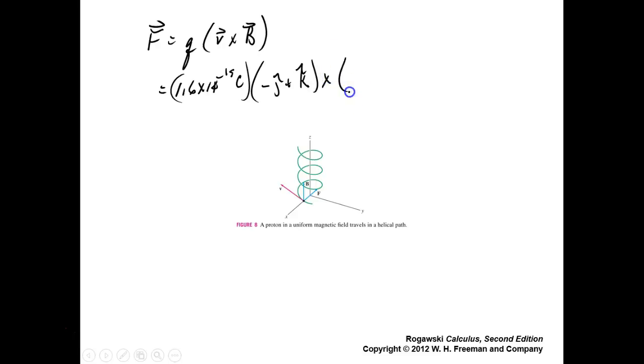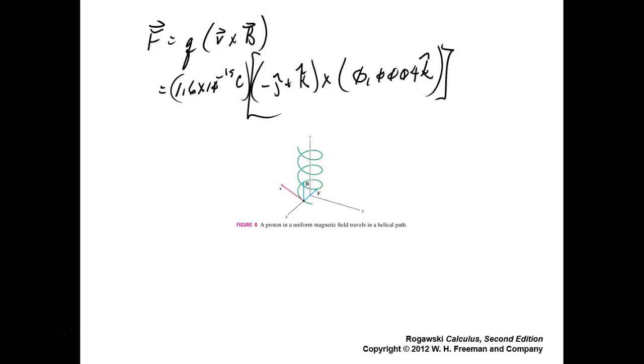Cross that with 0.0004 K. Now, notice here, just to keep it from getting confused, when you use IJK notation, you don't need the angle brackets.